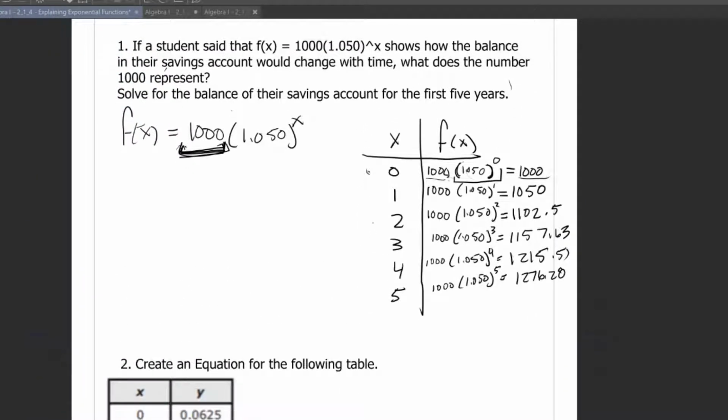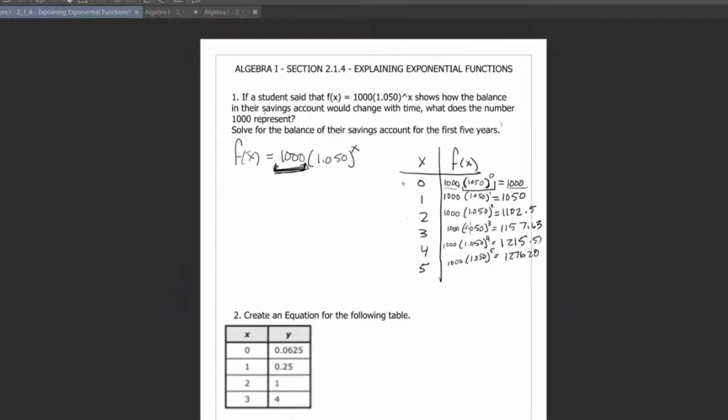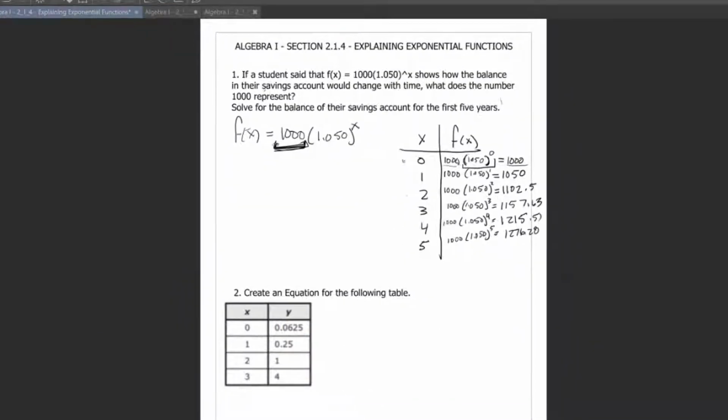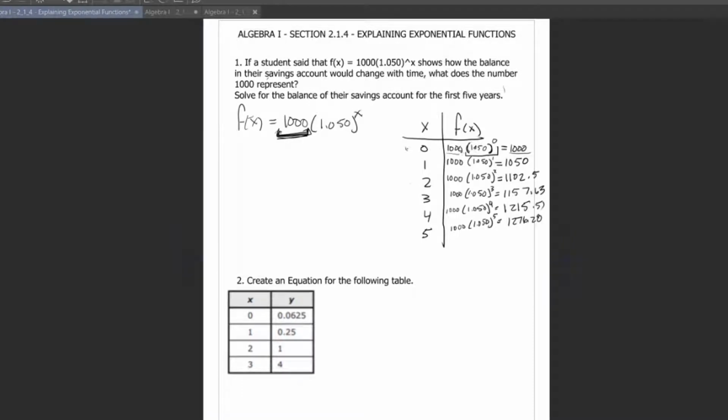Now, these two questions are related. If we're looking at question 2, let me zoom out slightly. Related in a sense that we can make sense of the problem. It says create an equation for the following table. We have a bunch of knowns, and then we have the equation being the unknown. So f of x, we're going to set it up the same way as this: A times some percentage, let's call that n, to the x.